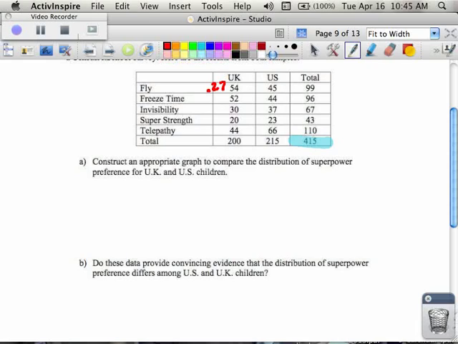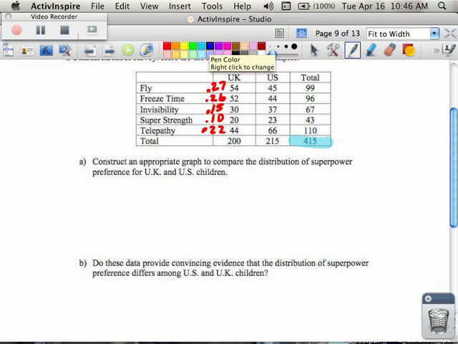0.27 for the UK, 0.26 for flying, and freeze time, 0.15 for invisibility, 0.10 for super strength, and 0.22 for telepathy. And those should total up to 100, hopefully. Hopefully I didn't make an error there.